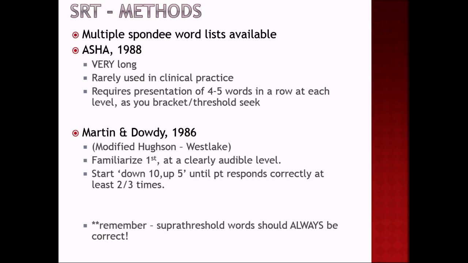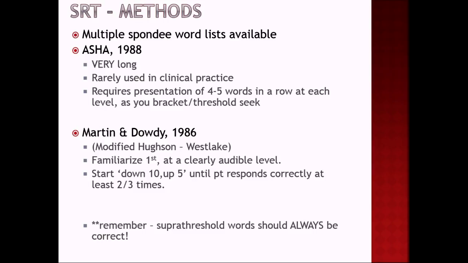It requires that you present 4 to 5 words in a row at every level as you bracket and threshold seek. So as an example, you might start at 50 and present 5 words for familiarization, and then you drop down 10, you present 5 more, and then you drop down another 10 and you present 5. You take threshold as the lowest level that the patient misses all 5 words.